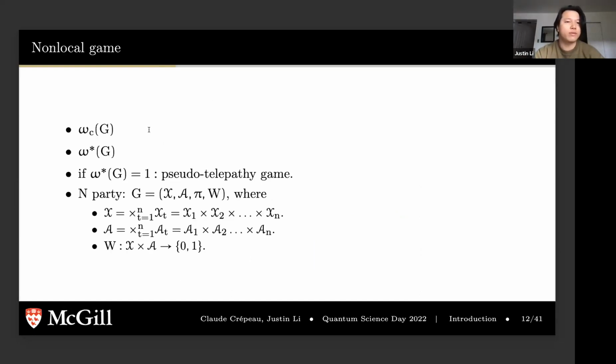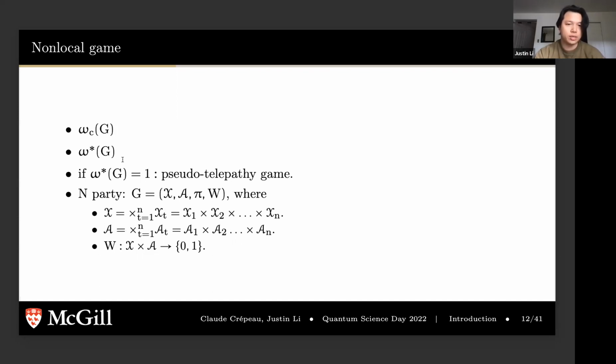We can further quantify a non-local game by the values of the game. So here, the first term with a subscript C is the classical value of a game. It's when the players are only able to share classical or local resources. And for local values, we can think in terms of deterministic strategy also, because they are equivalent.